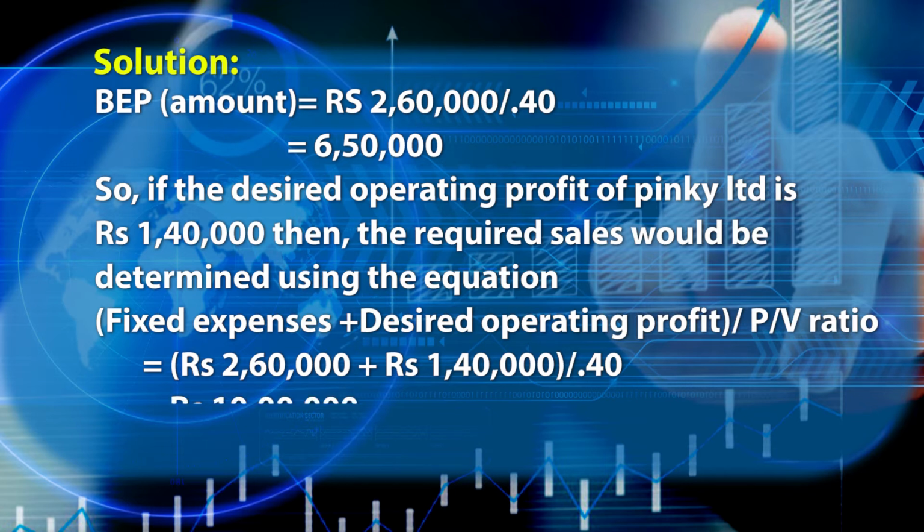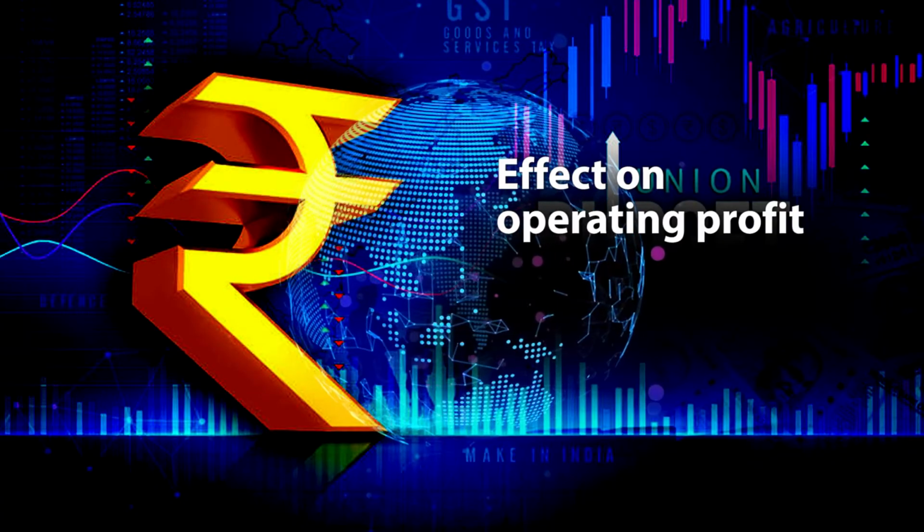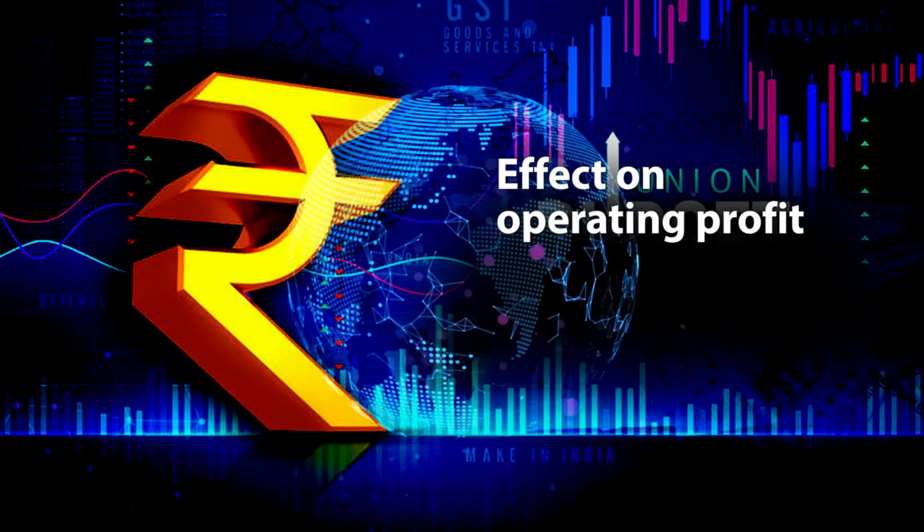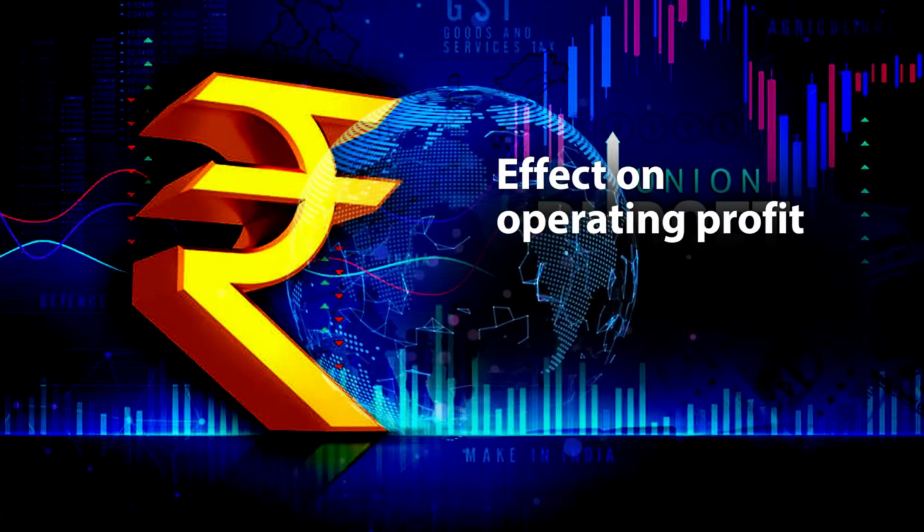So, rupees 2,60,000 plus rupees 1,40,000 divided by 0.40, that is PV ratio, will give you rupees 10 lakhs. Now, let's understand effect on operating profit of a given increase in sales volume.